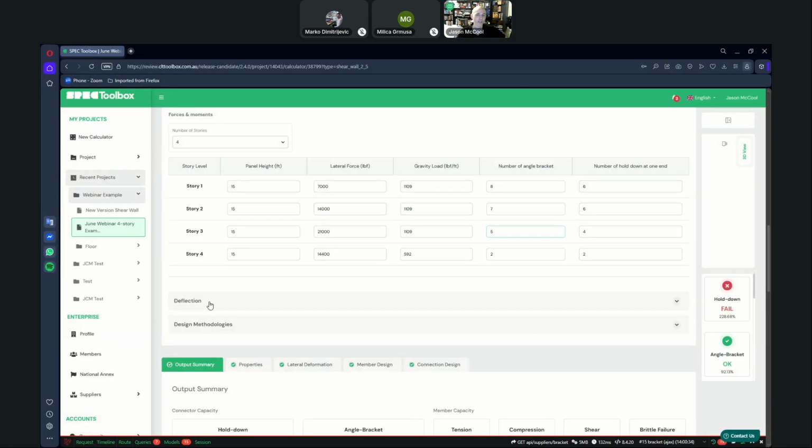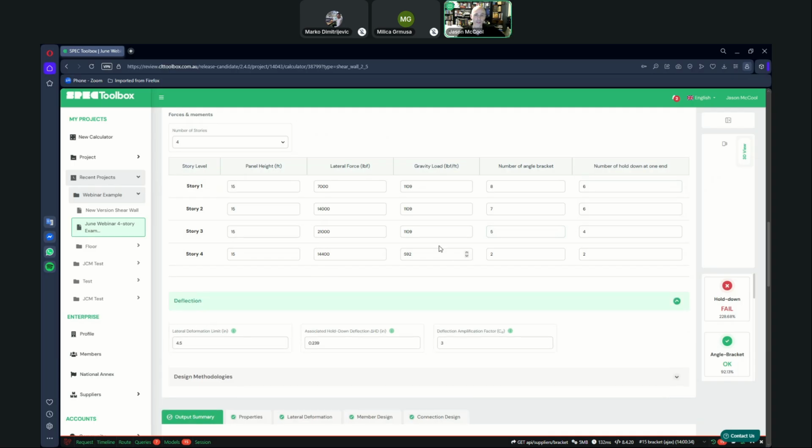Okay, so then we've got that put in. You can put in your number of hold downs, and in this case, really that top level is the only one that I'm really going to be able to do traditional hold downs on. Maybe the top 2 floors; these bottom 2 floors, I'm going to have to do tie rods. But that's one thing I wanted to work through in this presentation: what do you do?